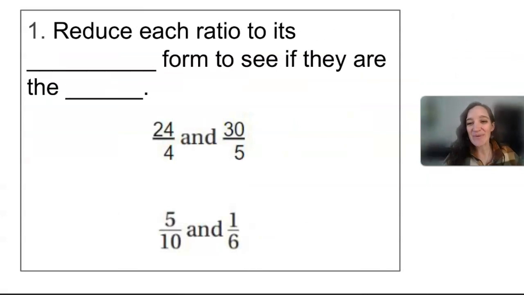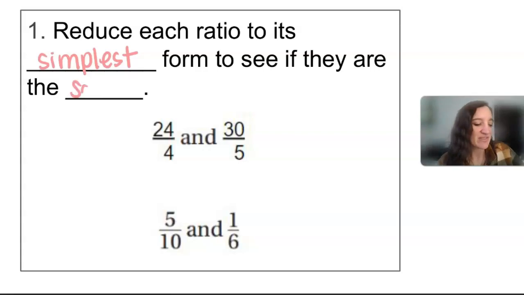So the first example I like to do, if I'm asked whether two ratios are equivalent, is reduce both of the ratios to simplest form. And if down to simplest form we have the exact same ratios, then we know that they are equivalent. Okay, so let's do it with this first set of ratios right here. 24 to 4.